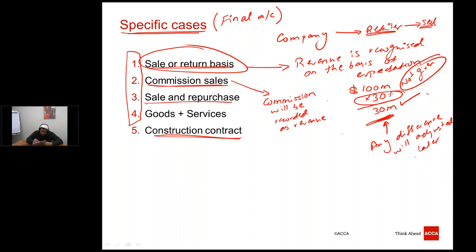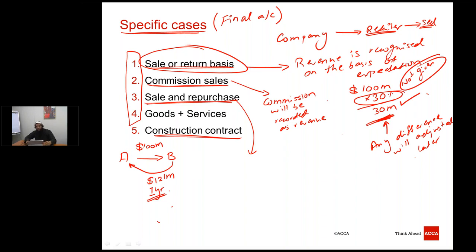Let's discuss sale and repurchase. In sale and repurchase, for example, entity A sells goods to entity B for $100 million, with an agreement to buy them back for $121 million after 1 year.